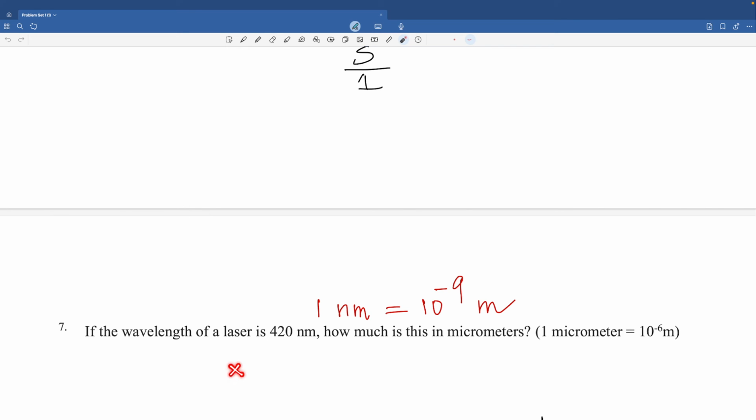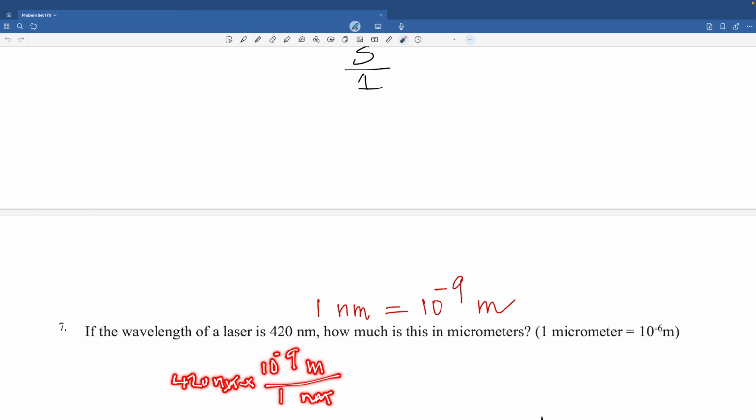So you go with 10 to the negative 9 meter divided by 1 nanometer. So you understand why we put the nanometer in the denominator? Because here you had 420 nanometer, right? So now when you write it that way, this nanometer will cancel out with this, leaving you with meters.